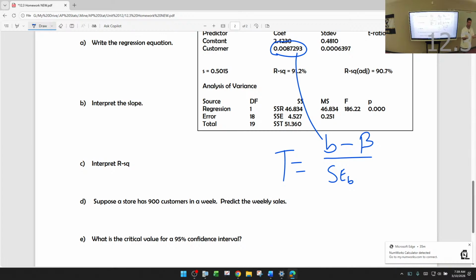So that's where we know if it's one-tailed or two-tailed. If we think there's a positive correlation, we think it's greater than 0. If we think there's a negative correlation, it's less than 0. And then we're going to put this number right here in my denominator.